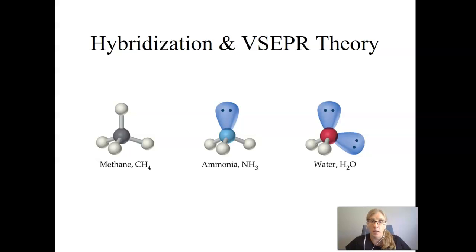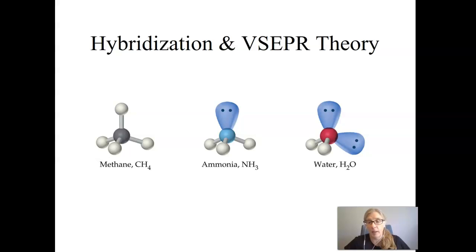The difference being that in ammonia, we have 3 bonding and 1 non-bonding, making the trigonal pyramidal shape. And in water, we have 2 non-bonding and 2 bonding, which creates the bent shape. But all are based on the tetrahedral electron arrangement and the sp3 hybrid.